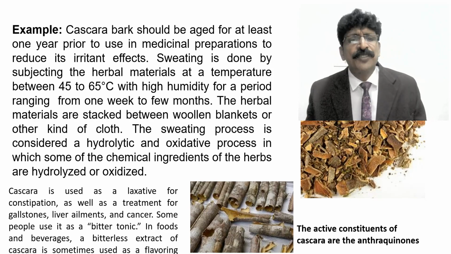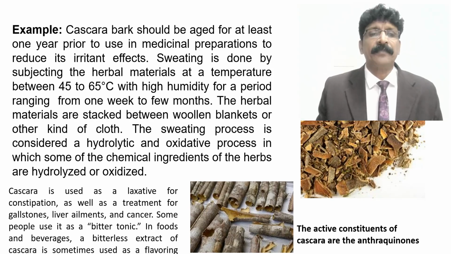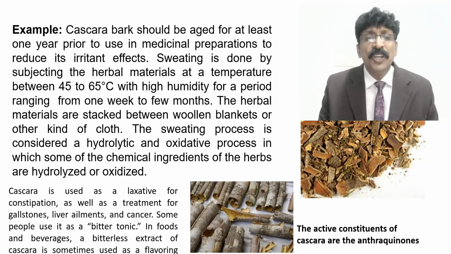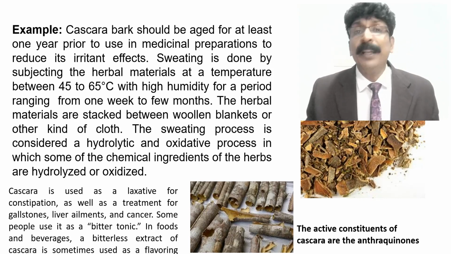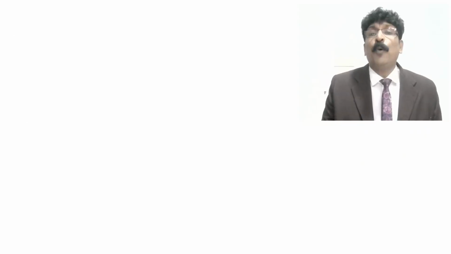In foods and beverages, a bitter extract of cascara is sometimes used as a flavoring agent. So this is just an example of how they do the sweating, and you now have an idea about sweating and aging.